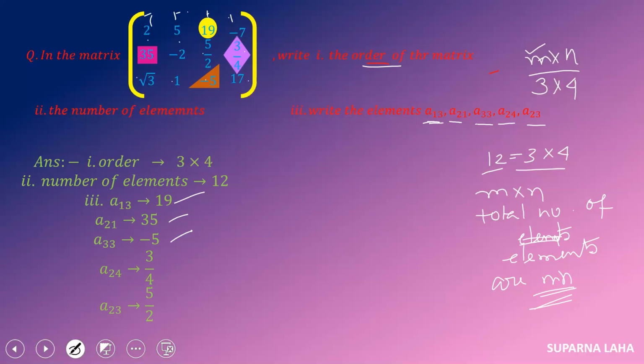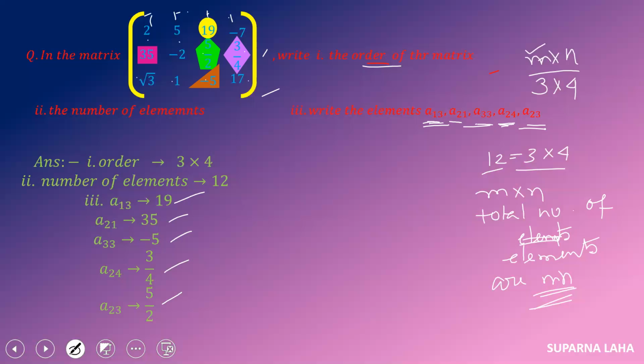Second row, fourth column, that is A24. Second row and fourth column, that is 3/4. And second row, third column, that means just before it, that is 5/2. So take this type of examples, or from your exercise, from any book you can choose. From the exercise, choose this type of problems and try to find these elements.